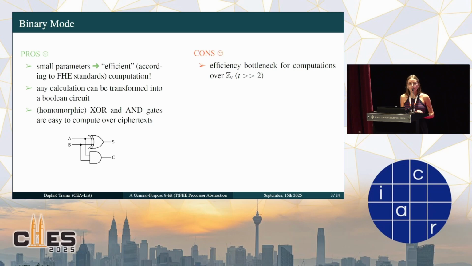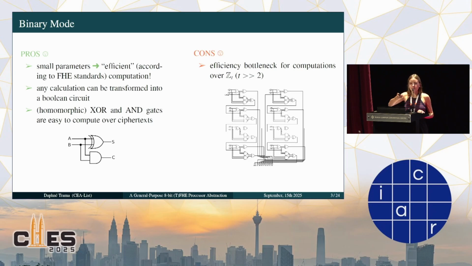For instance, if you want to homomorphically compute the addition of two encrypted bits, then you just take the corresponding Boolean circuit that I have put here, and you just perform it in the homomorphic domain. So this method is universal, but it also comes with some efficiency bottlenecks.